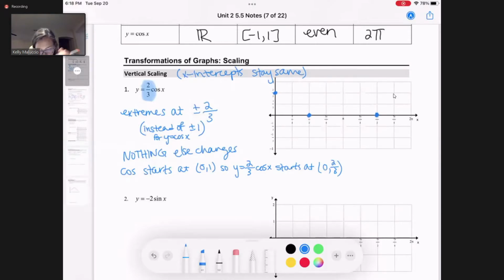So I'm just plotting my zeros. My zeros stay the same, and maybe I'll label them. 0, 0. This is the extreme. Now notice the next extreme is going to be at the end for cosine.